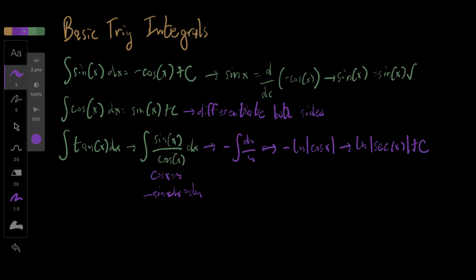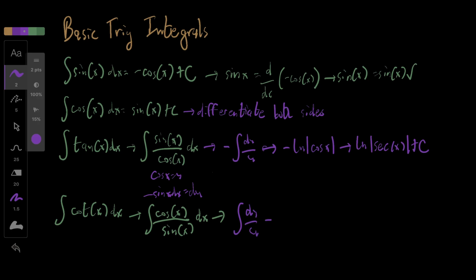A similar thing can be done with the cotangent of x. What happens over here is we have cosine of x over sine of x dx, and we have sine of x is equal to u, and cosine of x dx is equal to du, so this again becomes du by u.